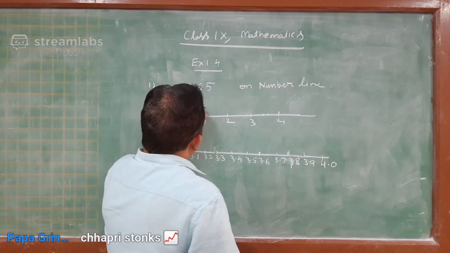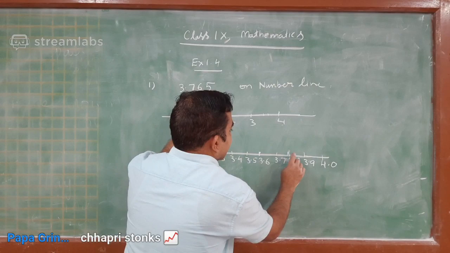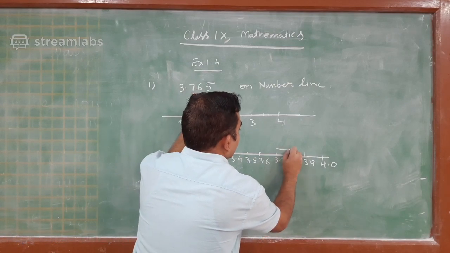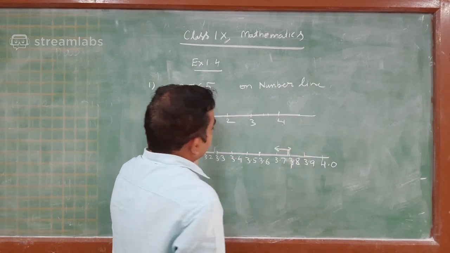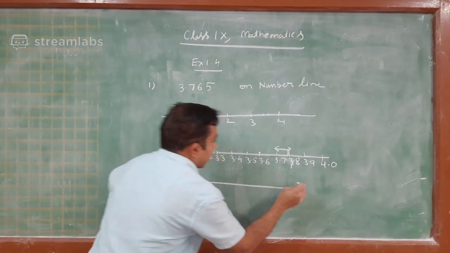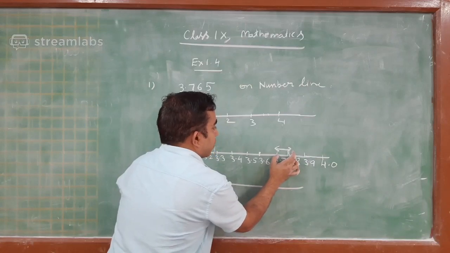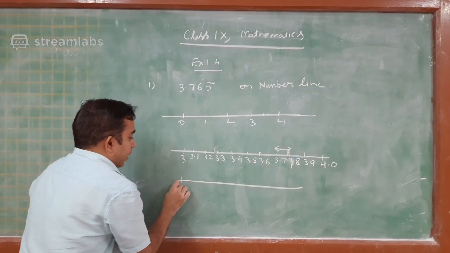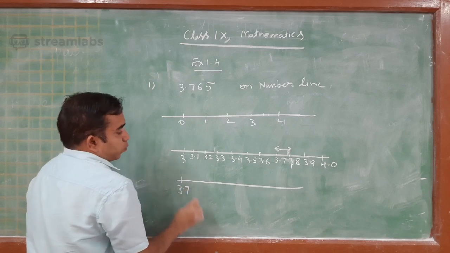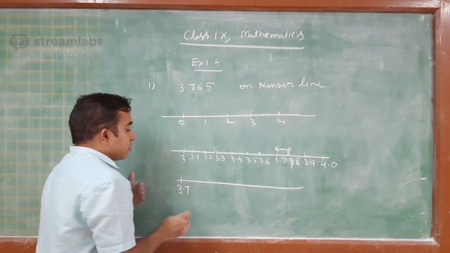3.765 is more than 3.7 and less than 3.8, right? So this number will lie in this interval. We have to draw one more number line, which is the magnified form of this part of the number line. I will begin with 3.7, which should be seen as 3.70.